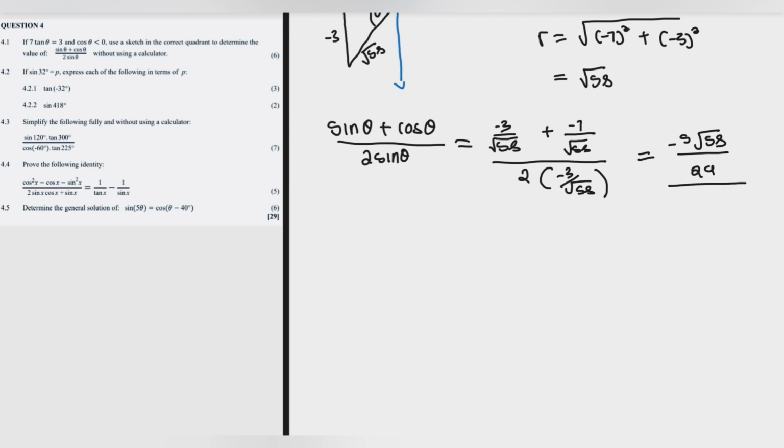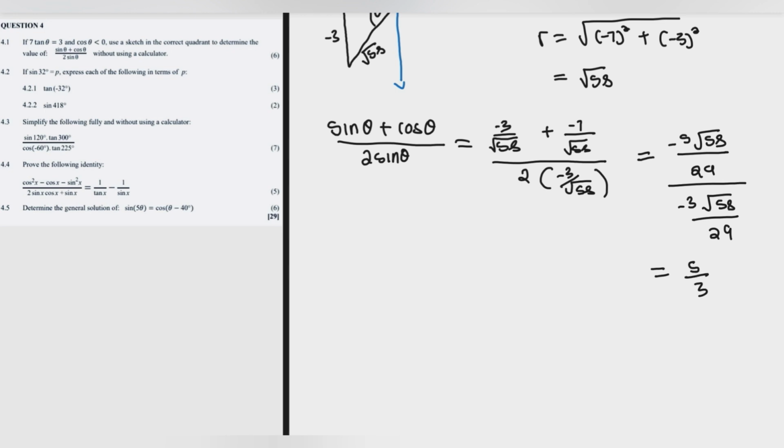Then divide that by your denominator, which is -3 root of 58 all divided by 29. Dividing both your numerator and denominator on your calculator, you should get 5/3.